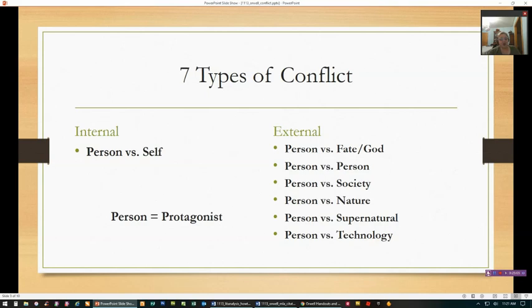Person versus nature is where it's a natural force. If you've seen the movie Jaws or the movie Twister, right? Those are two examples of person versus nature, but they represent two subtypes, right? In Twister, the meteorologist is fighting the tornadoes and trying to figure out what's going on, right? The tornadoes are not malevolent, right? They have no intent to destroy.